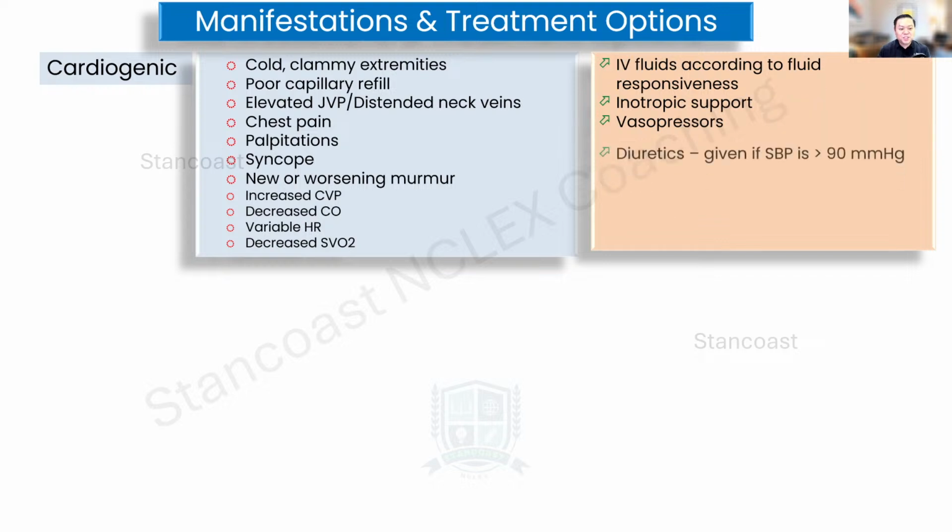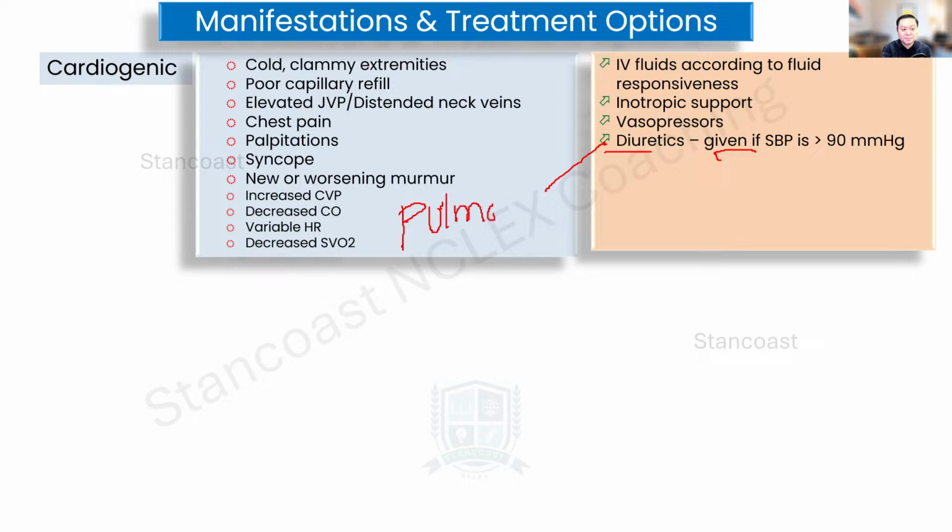Another medication that we probably would give to the patient are the diuretics. Now, be cautious again. You're only going to administer diuretics for those patients that have what? Severe CHF with pulmonary edema, right?